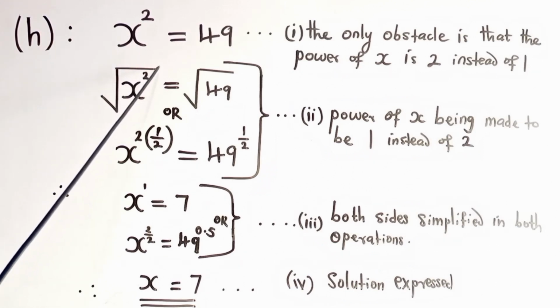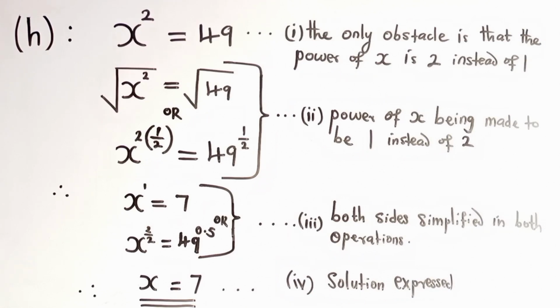Now, at this point, we can demonstrate by means of experiment that the square root of every square is that same number. The cube root of a cube is that same number. The fourth root of a number raised to the power 4 is that same number.